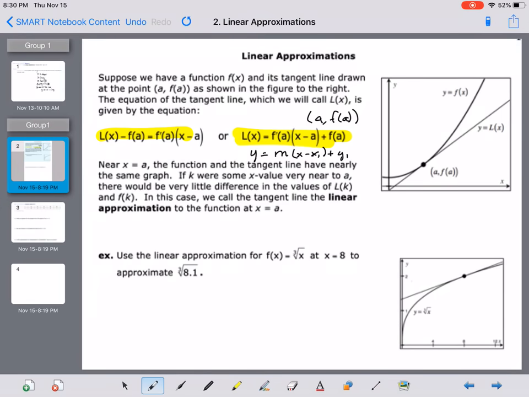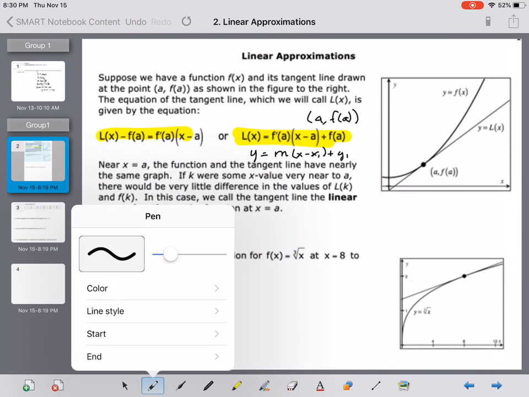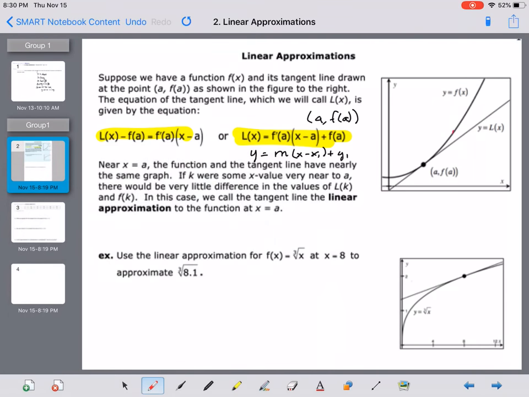And then the tangent line itself, if we think about the tangent line and we choose a point on the actual function, let me get a different color. So let's say I wanted to know that point right there, but I didn't really know what f of x was. I just knew what my slope was at this point right here.